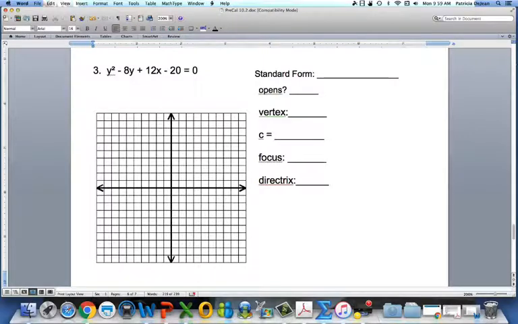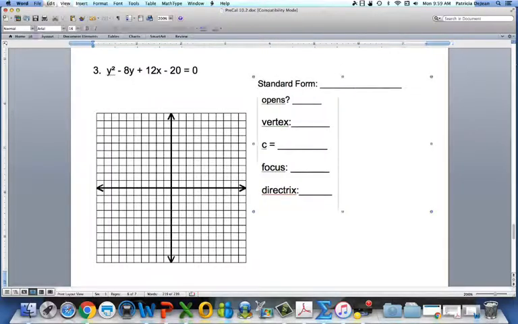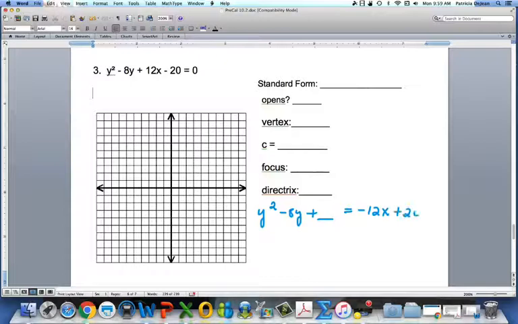We have y squared. So y squared minus 8y plus blank will be equal to -12x plus 20.